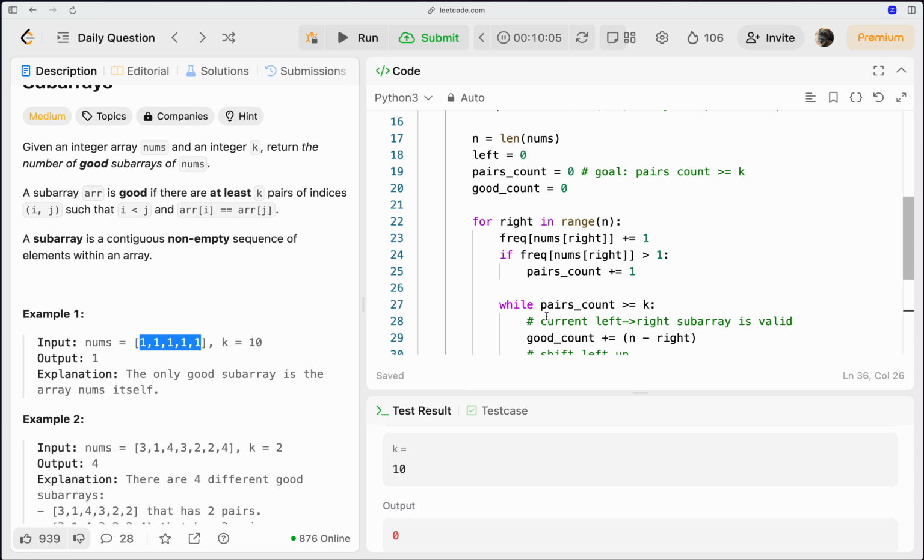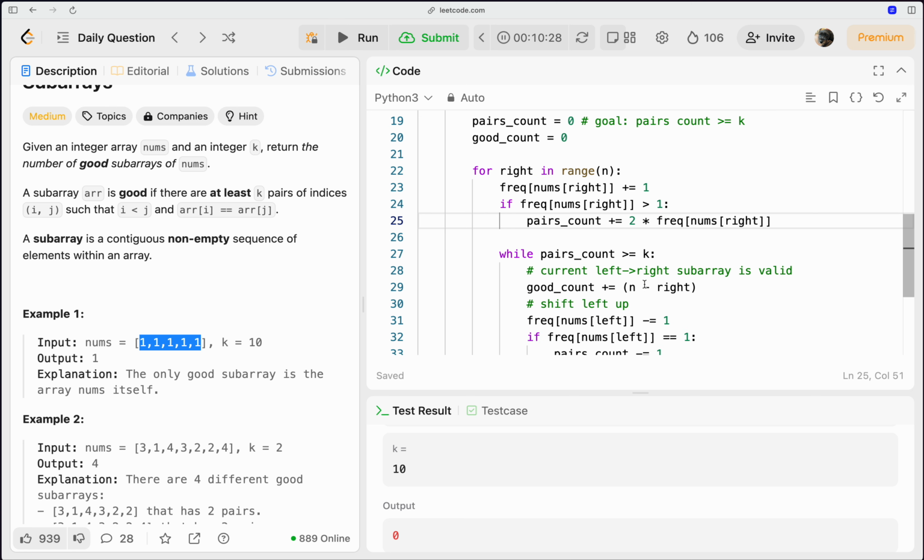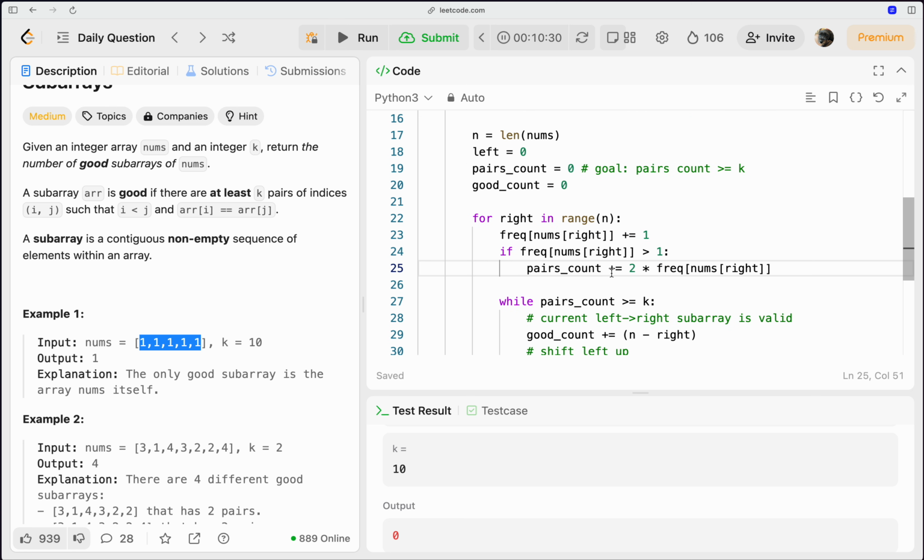That's interesting. I think it's 2 times the frequency nums at right. So if our frequency is 5, then we actually have 10 pairs. Our pairs count goes up by that much.